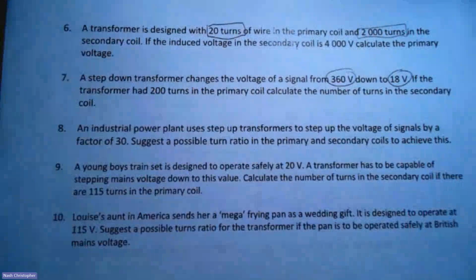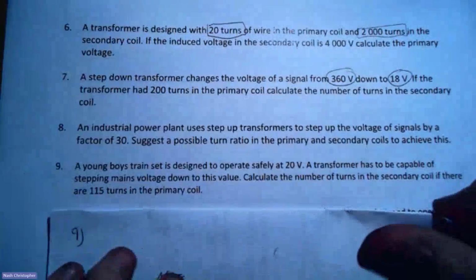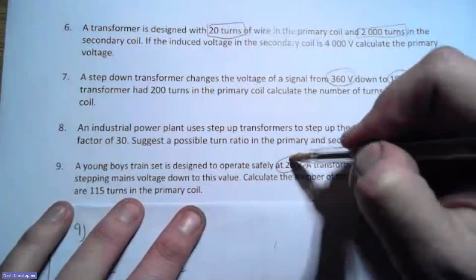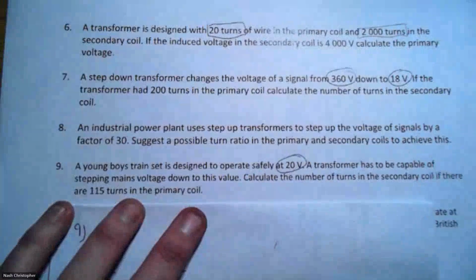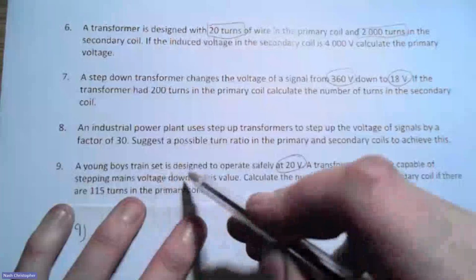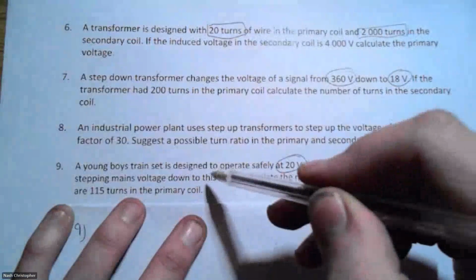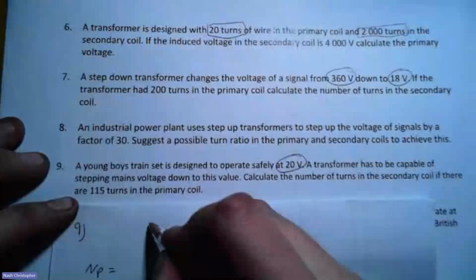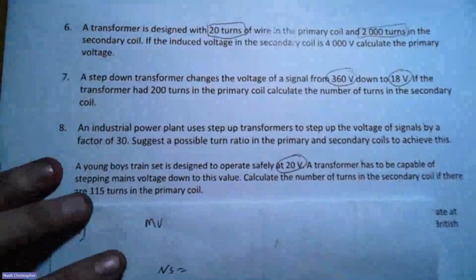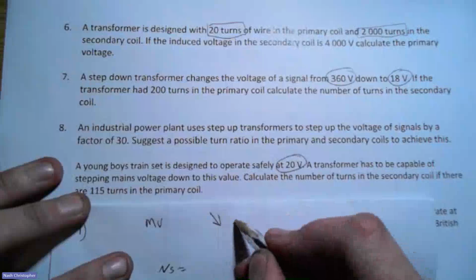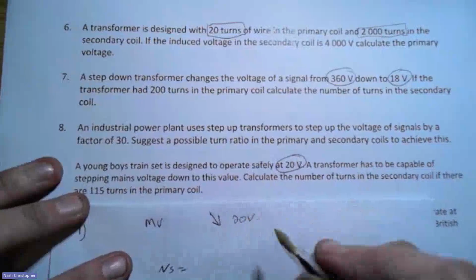Number 9. It says a young boy's train set is designed to operate safely at 20 volts. A transformer has the capability of stepping mains voltage down to this value. So we are going from mains voltage down to 20 volts.